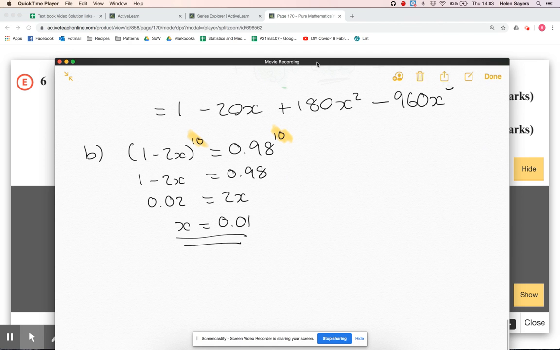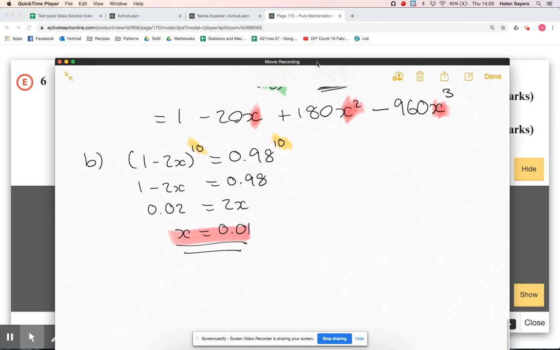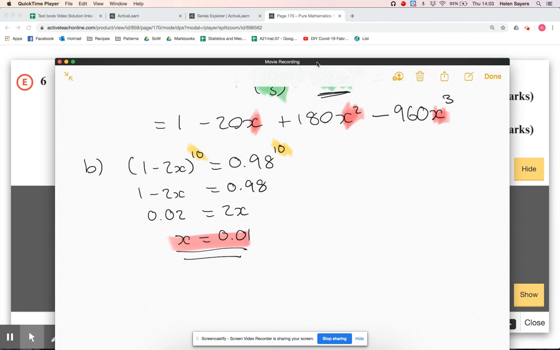So basically, I'm substituting that value of x into my expansion from part A. So I do need to just show some method. I am absolutely going to put this into my calculator, but just show how I am answering the question. So just substituting that in for x.